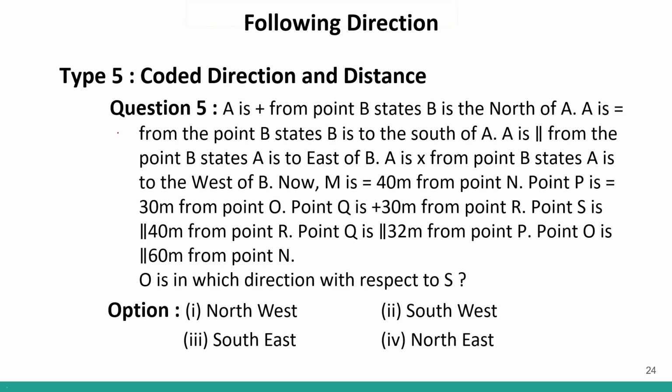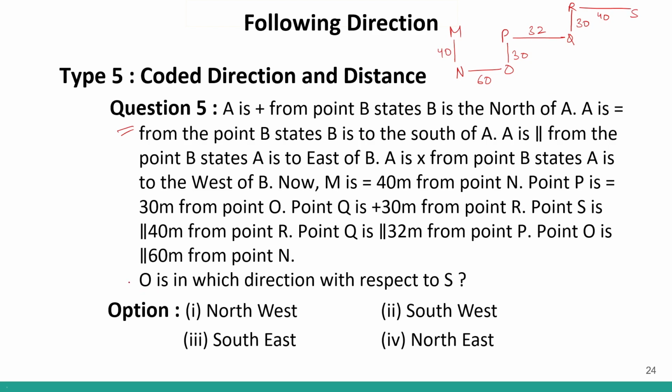Now, question number 5. Same information, a different question. So let me draw the diagram. This is P. 32 will give me Q. From here we go to R and from here we go to S. So this is the diagram.